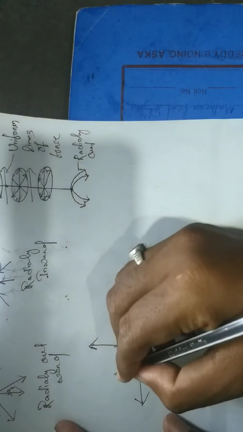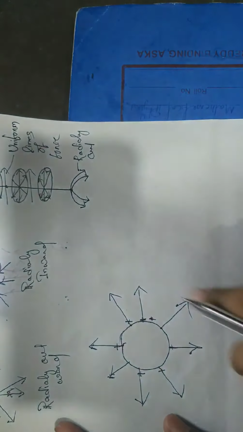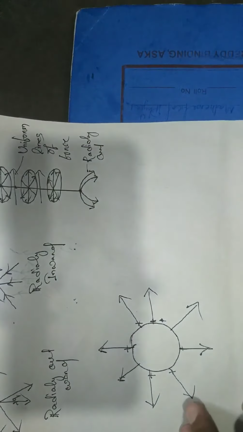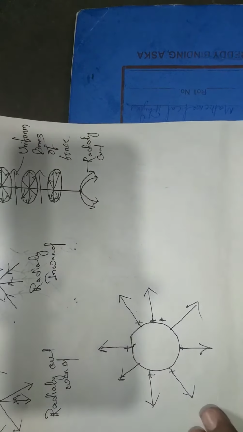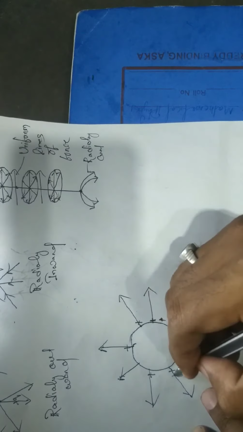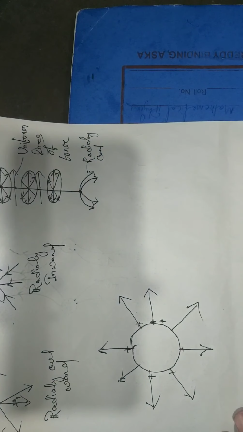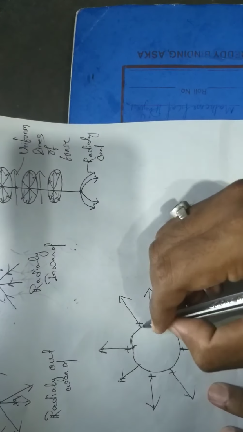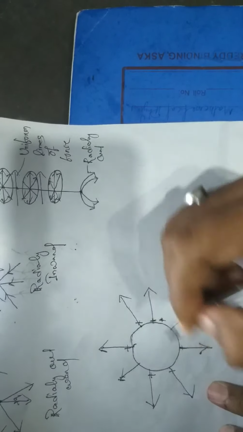Like that, and they become radially outwards. But inside the conductor there is an absence of electric field intensity. Why? Because electric field lines and electric field intensity are parallel in nature, and electric field intensity is a vector quantity.